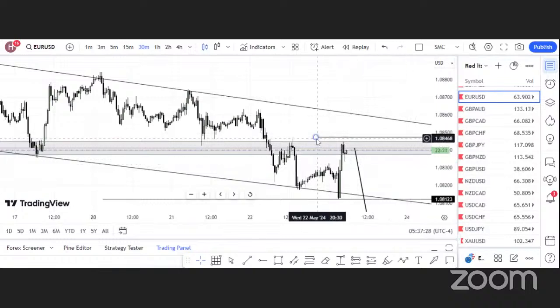So what I'm doing here is, in case this market doesn't go my way as I have predicted. I'm saying the market is going to sell here, but if the market decides to buy, I want the market to close. I don't want it to go above this level.